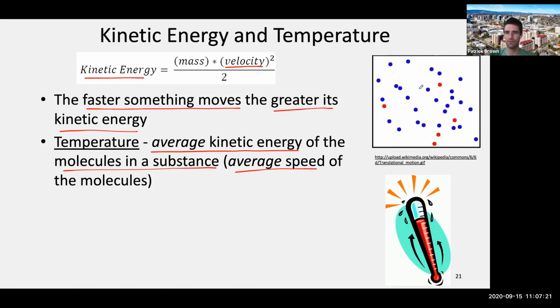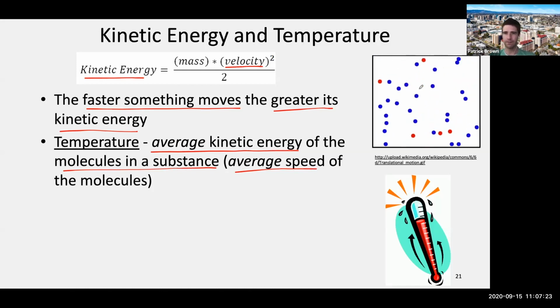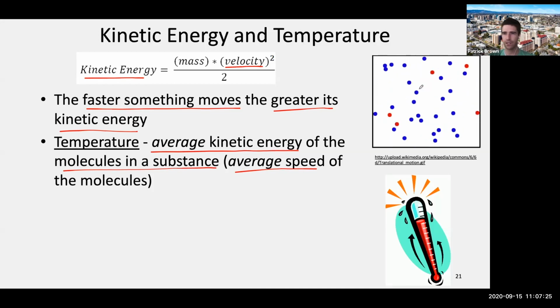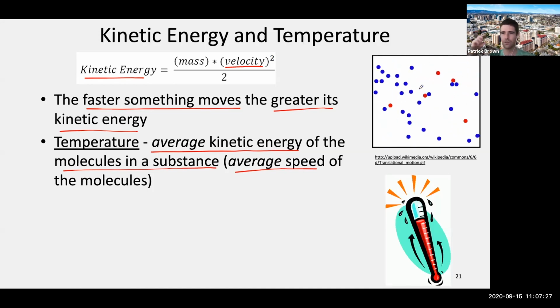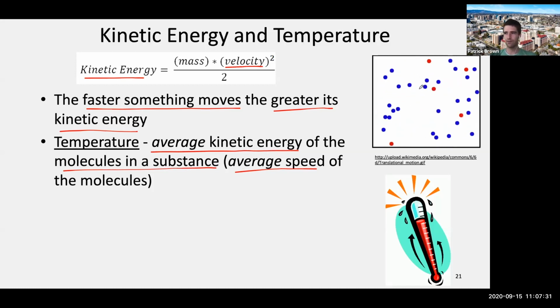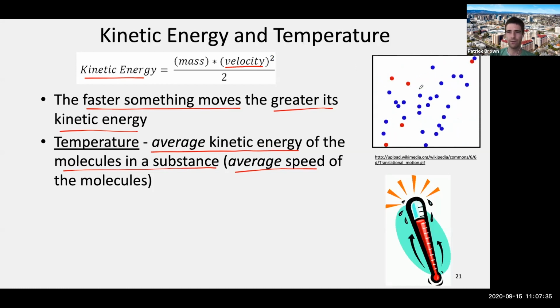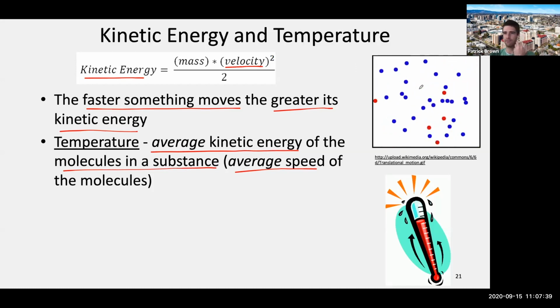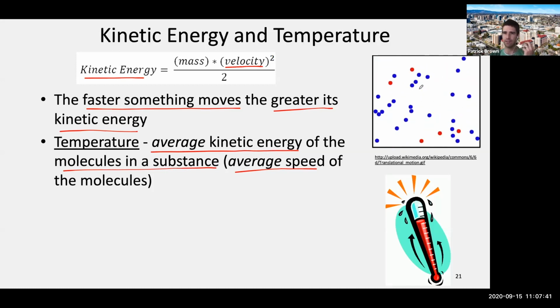We know that air is made up of all of these molecules, mostly nitrogen, oxygen, argon, and a little bit of CO2, a little bit of methane, these other gases, but they're all moving around really, really fast, actually. The faster they're moving, the higher their temperature. We just happen to perceive faster moving molecules as being warmer.